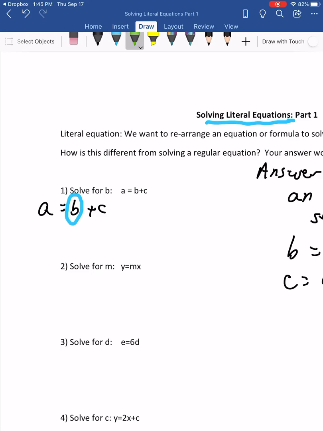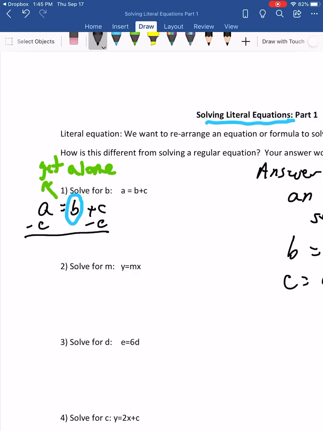And your goal is to get b alone on one side of the equal sign. So in order to get b alone, we need to get rid of c. How do we get rid of c? Well, c is being added to b, so the opposite of addition of c is subtraction of c. So we'll subtract c from each side.